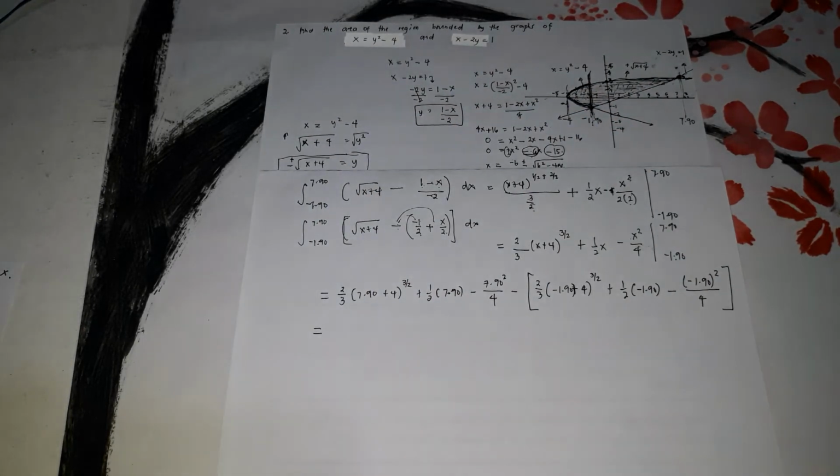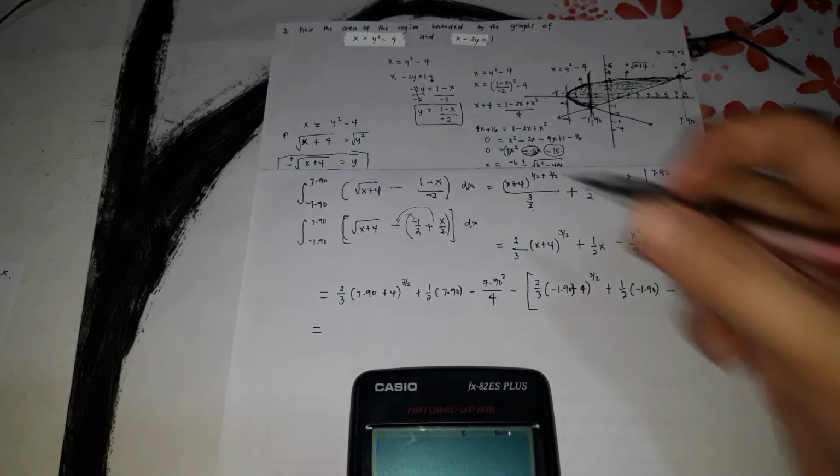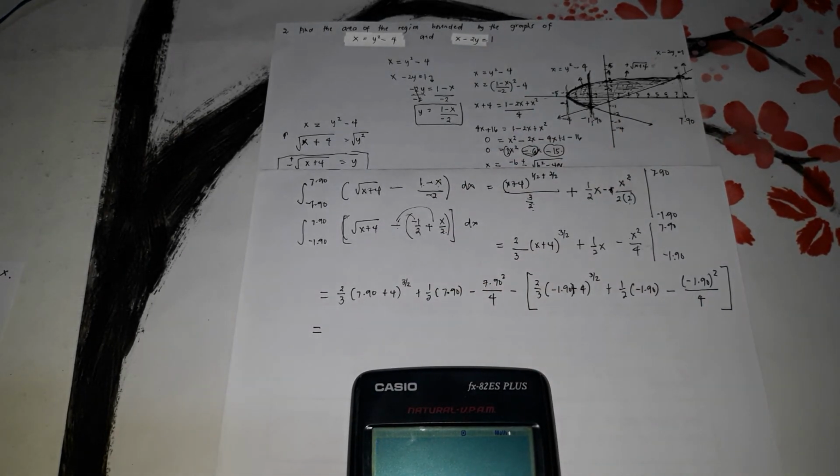So, let's solve this directly in the calculator. 2/3 times 7.90 plus 4 raised to the power of 3 halves, plus 1/2 times 7.90, minus.